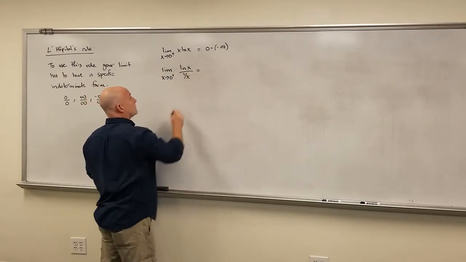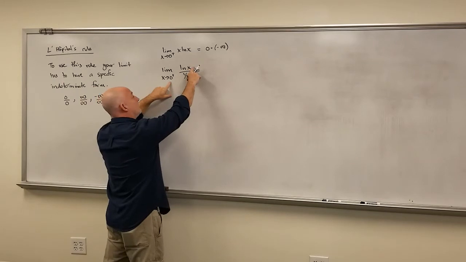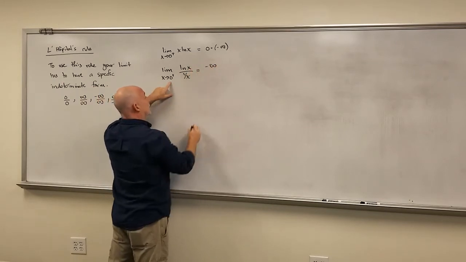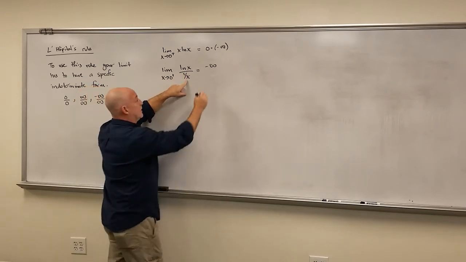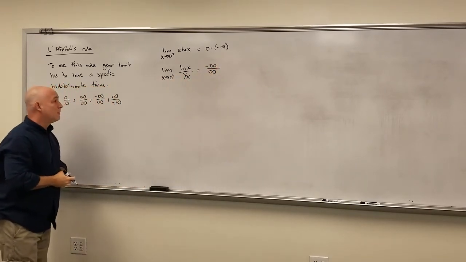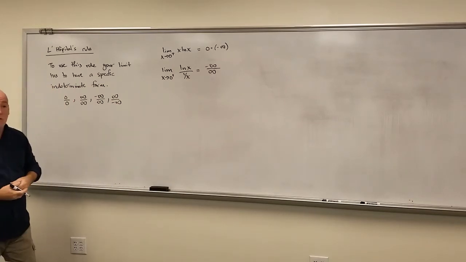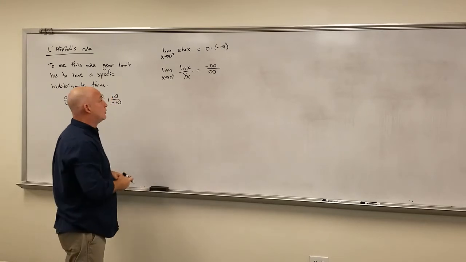Now if we do direct substitution this time, as we approach 0 from above, the top is negative infinity. And as we approach 0 from above, the bottom is 1 over 0. That's also heading towards infinity, but since it's positive, it would be positive infinity. Well, there's our indeterminate form, right? We have an infinity over infinity, so L'Hopital's rule here should work.